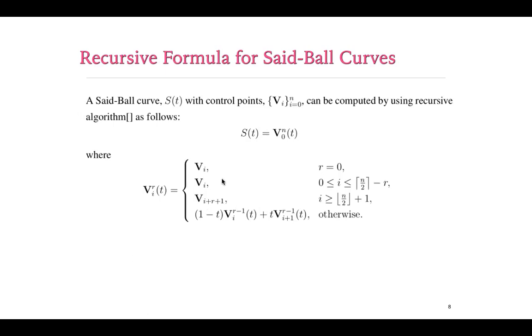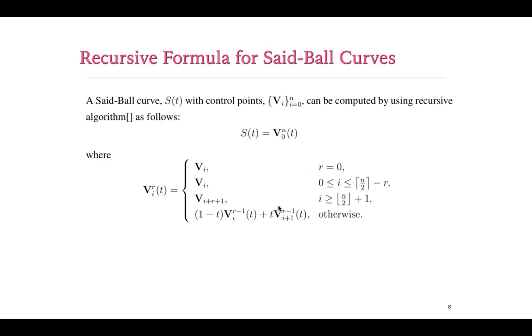But this formula is quite clean and well defined, right? I developed this formula with my PhD student, and I also provide the proof for this equation as well. So it will be easier to use this recursive formula, which is like the Cassel algorithm for Sideball curve.